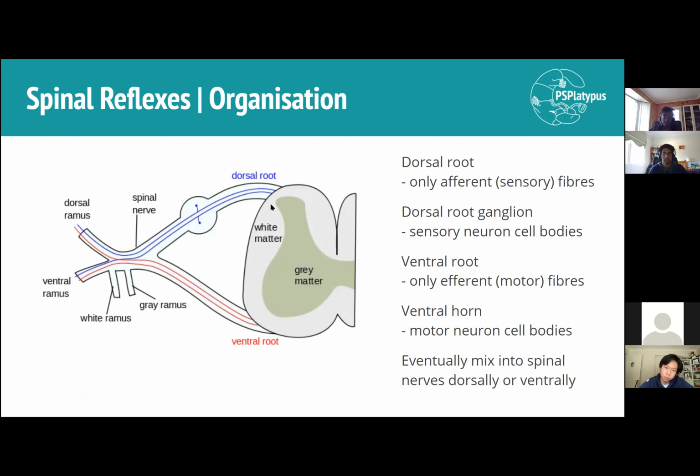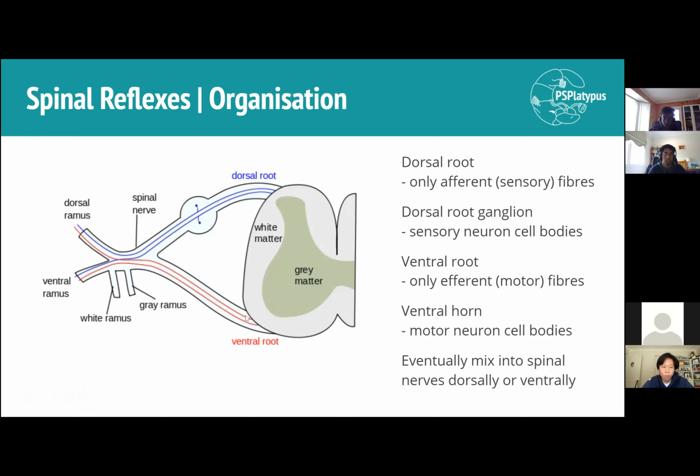We have your spinal cord here, and a bunch of nerves traveling out of it through the ventral and dorsal root. So the dorsal root, the blue lines signify afferent sensory fibers, so afferent fibers towards the CNS. The direction of signal impulse, the direction of conduction, is towards the spinal cord.